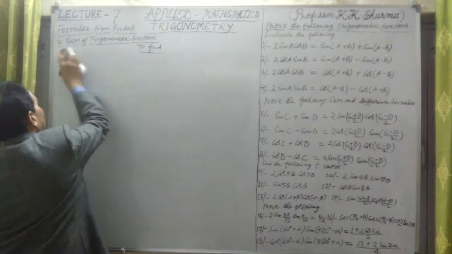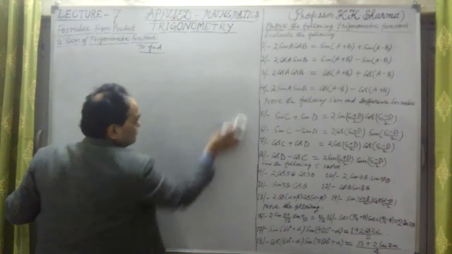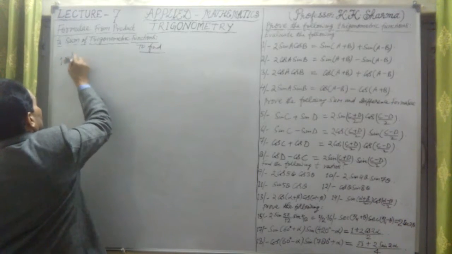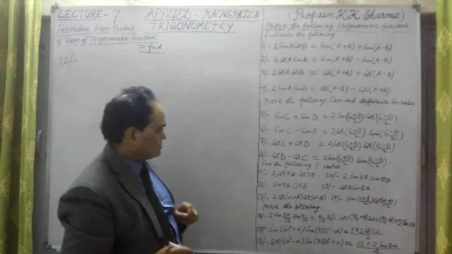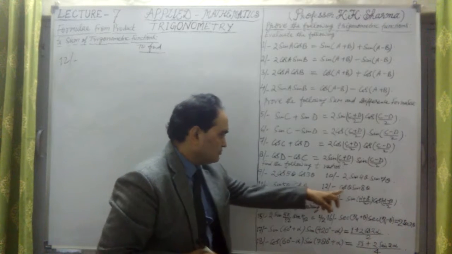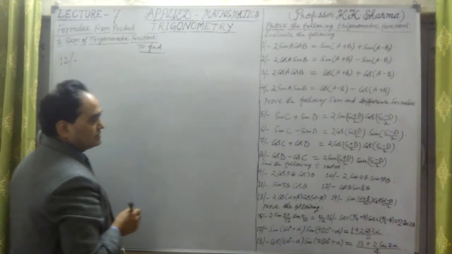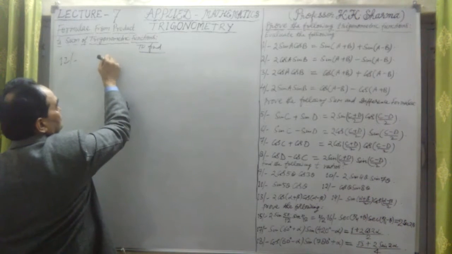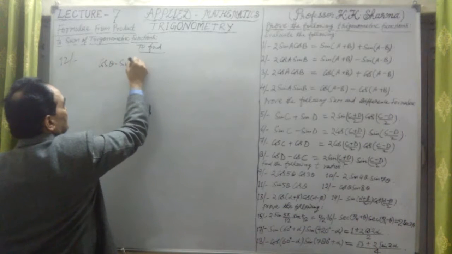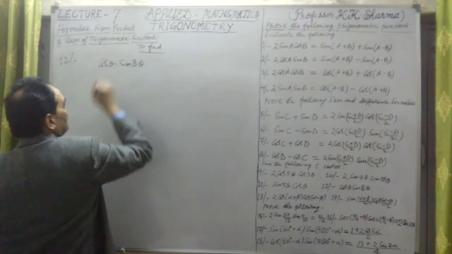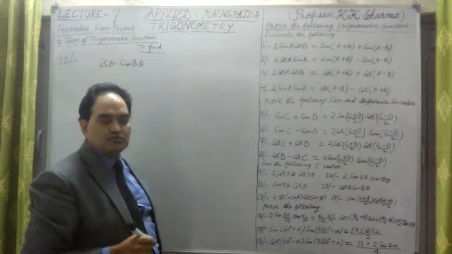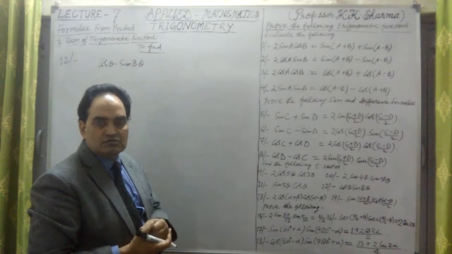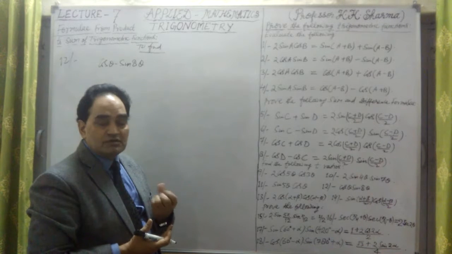Now question number 12. Let me check what it says. Question 12 is cos theta into sin 8 theta. In case of this sin and cos combination, we have to think about the larger angle. What is the larger angle? 8 theta.